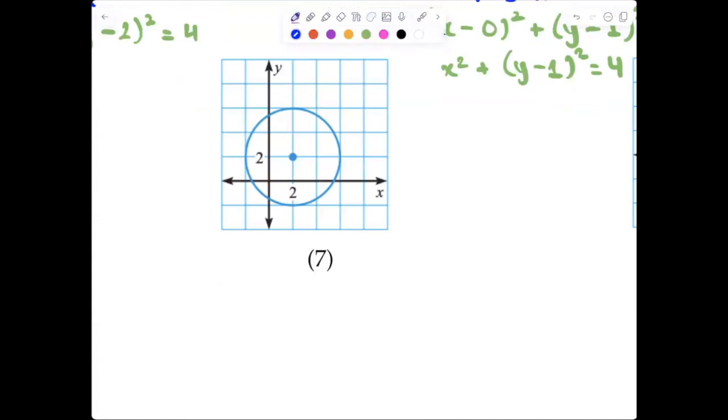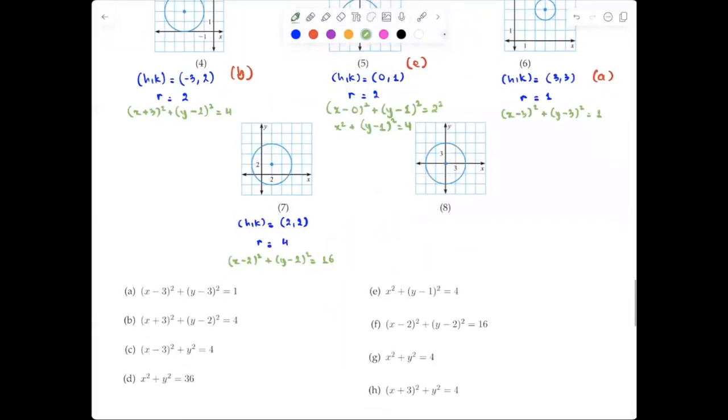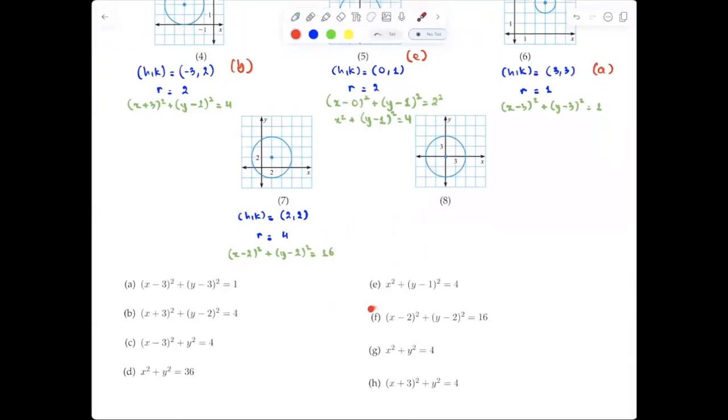Hopefully you noticed that. So h comma k is equal to 2, 2, and the radius is equal to 4. So the equation of the circle is x minus 2 squared plus y minus 2 squared equal to 16, because 4 squared is 16. So the choice should be F.